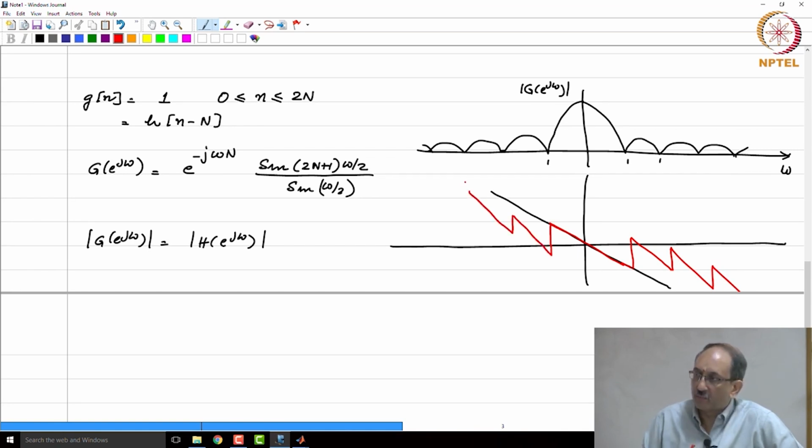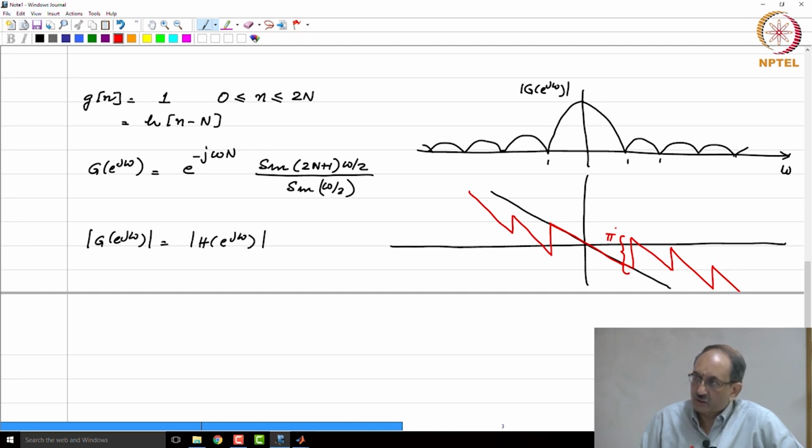So, this is the odd symmetric completion of the figure, and this jump is a jump of pi. All right. Is there a question? Yeah.